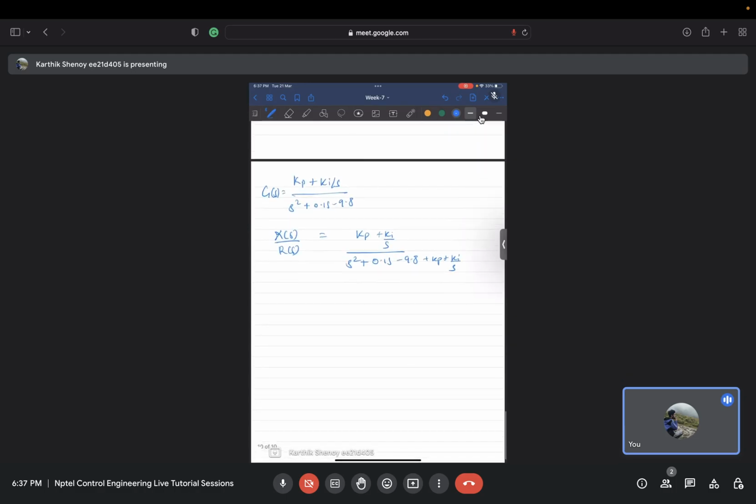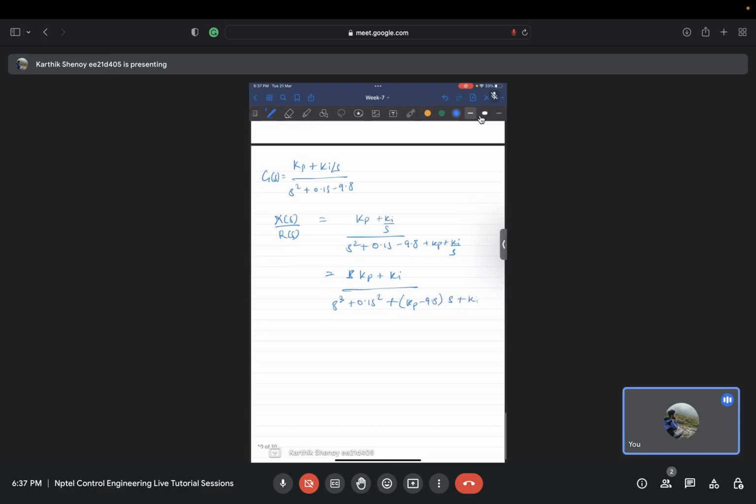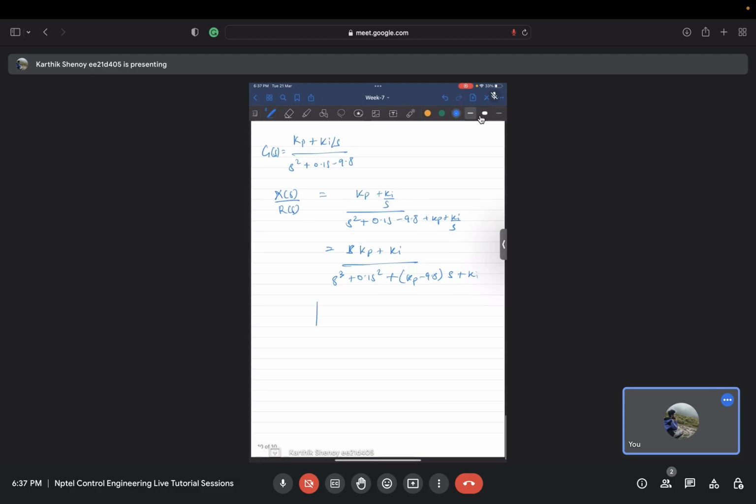Now if I multiply by s, we get Kp plus Ki over s cube plus 0.1 s square plus Kp minus 9.8 s plus Ki. Now let's take the Routh-Hurwitz. s cube, s square, s raised to 1, s raised to 0.